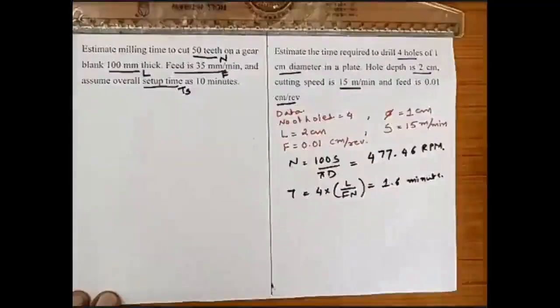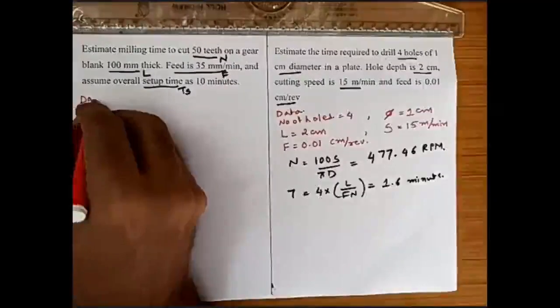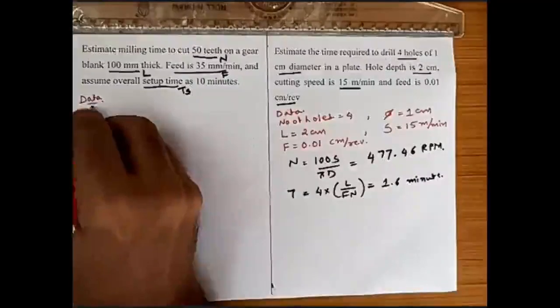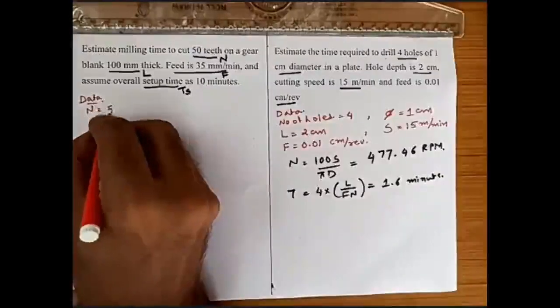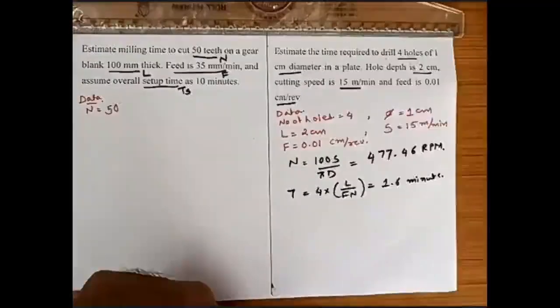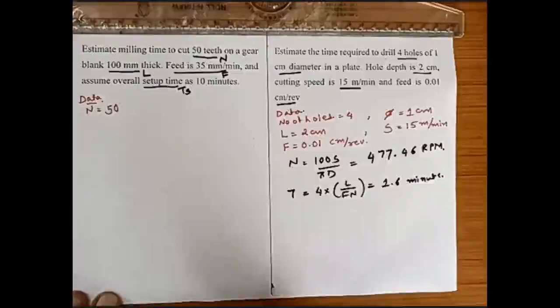Okay. So first write down the data. The number of teeth N is equal to 50. Here the number of teeth is the same as the number of indexing. If you read any word like indexing, you don't get confused.